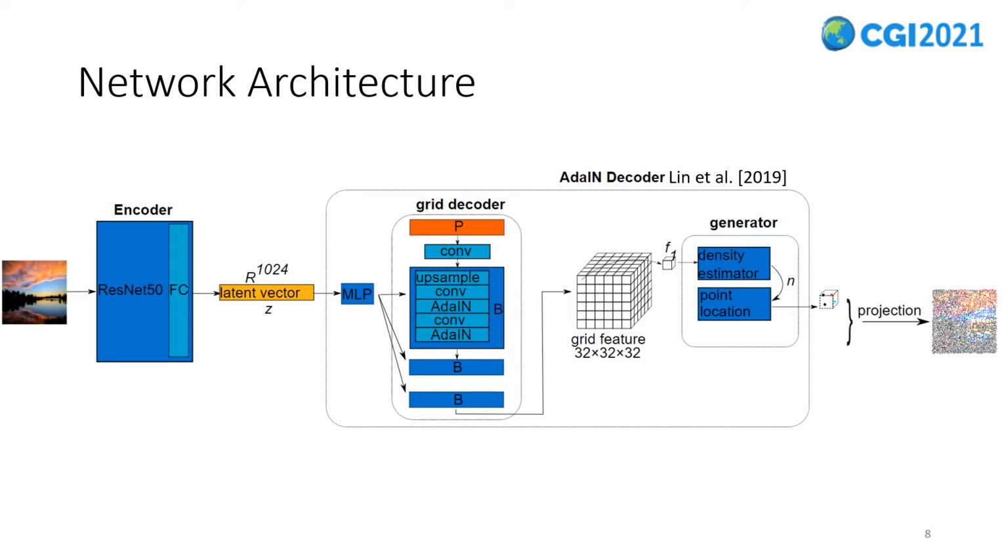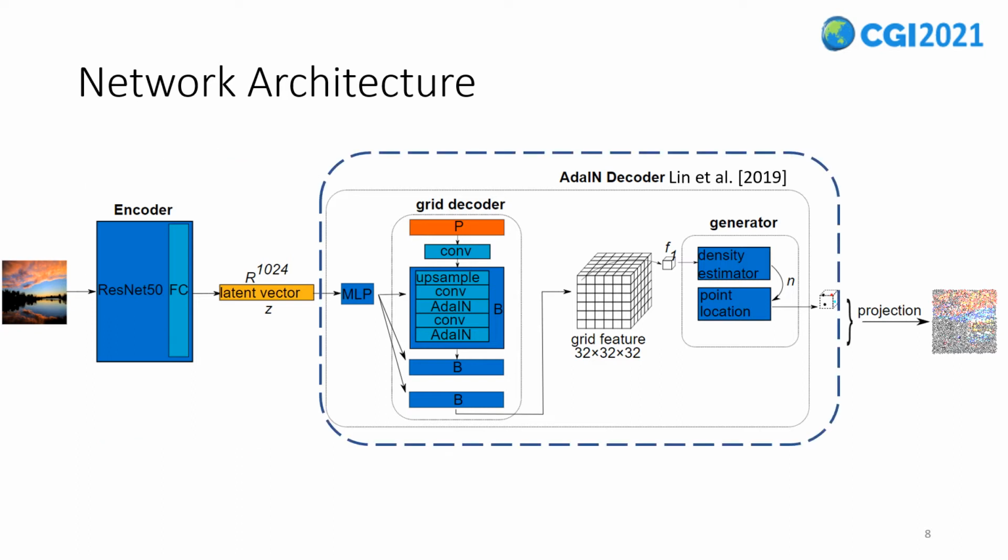This is the detailed architecture of our network. We first use a ResNet-50 as an encoder to extract the feature of the input image into a latent vector. We adjust the fully connected layer in ResNet to fit the channel number. Then we employ an AdaIN decoder to transform the latent vector to points.